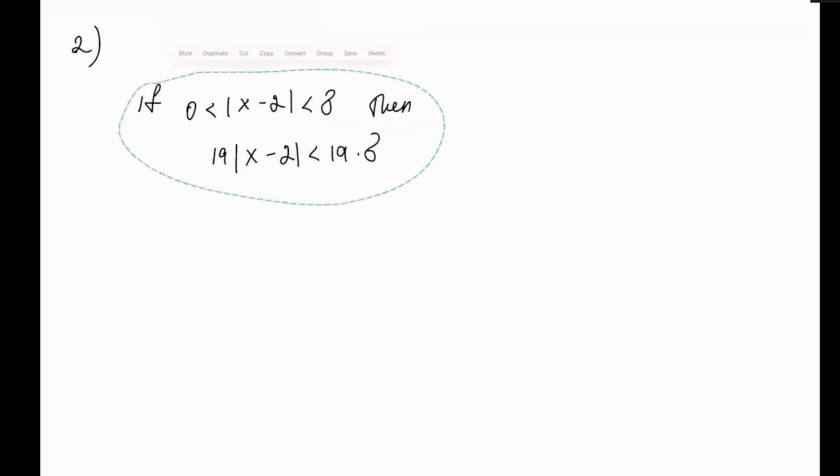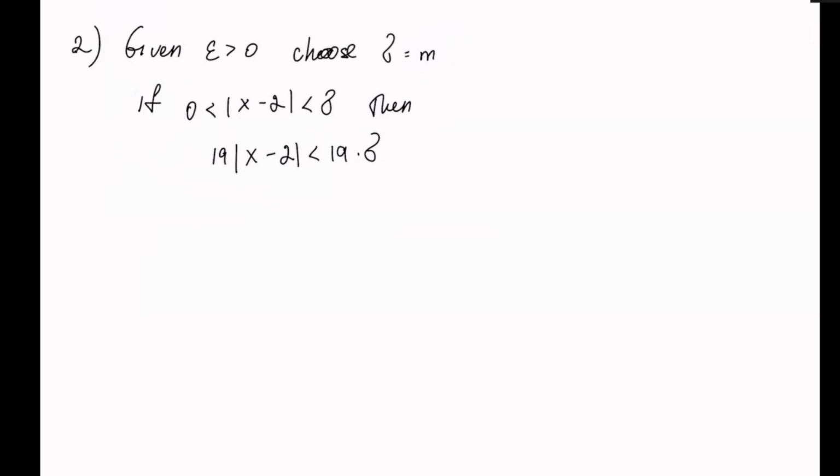If the absolute value of x minus 2 is greater than 0 but smaller than delta, then we multiply everything by 19, and we have 19 times the absolute value of x minus 2 less than 19 times delta. And we also probably need to write at the beginning that, to be more rigorous, given epsilon greater than 0, choose delta to be the minimum of 1 and epsilon over 19.